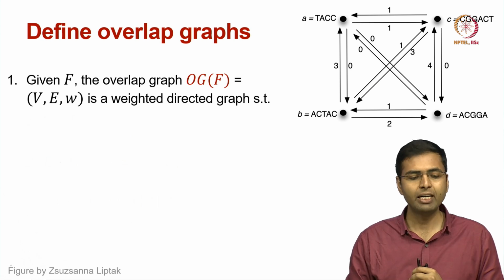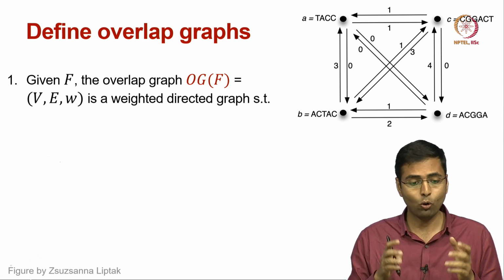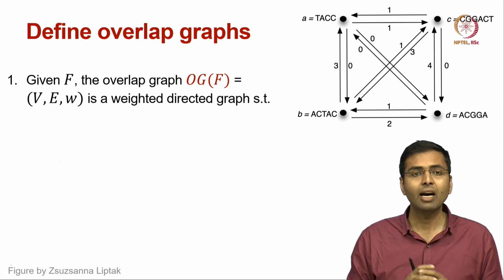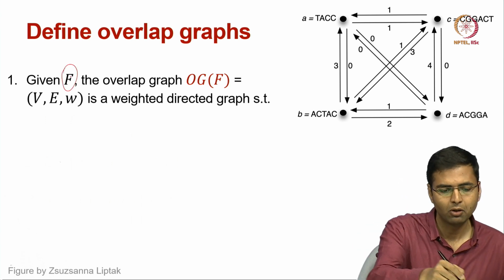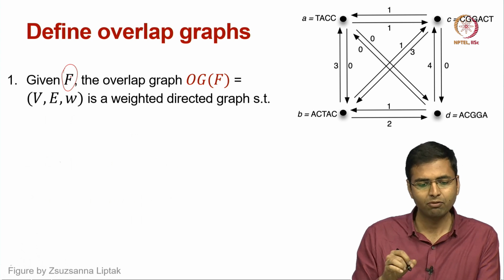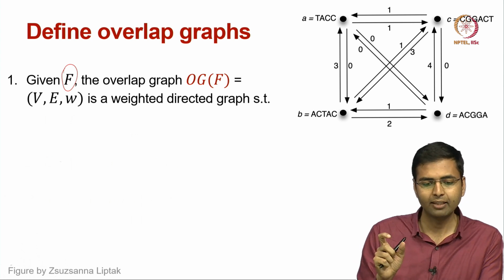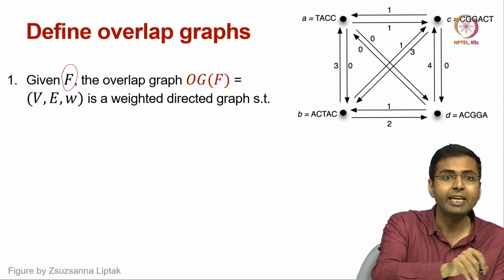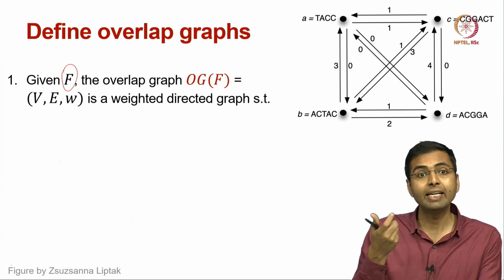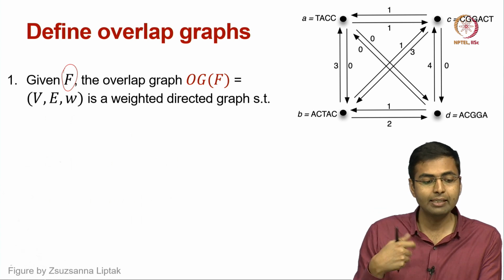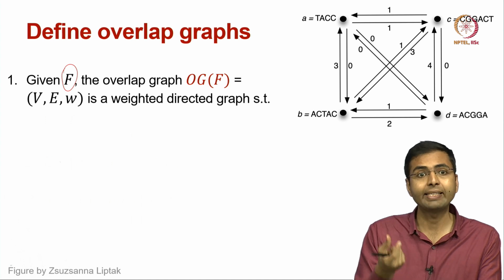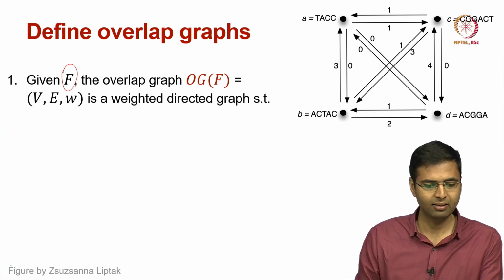Next, we will define something known as overlap graphs. Given a collection of strings f, the overlap graph OG of set f is denoted as V, E, W, where V is the set of vertices, E is the set of directed edges, and W are the weight assignments on those edges.